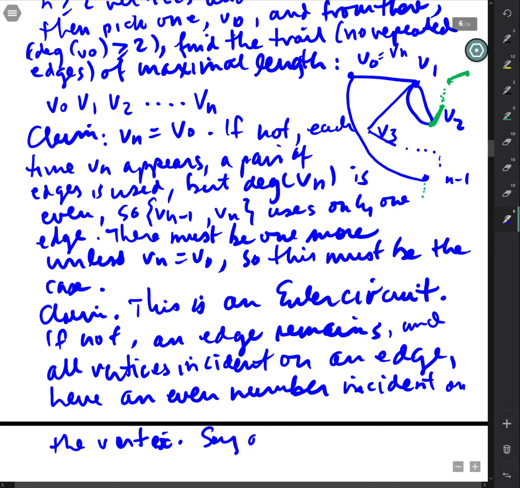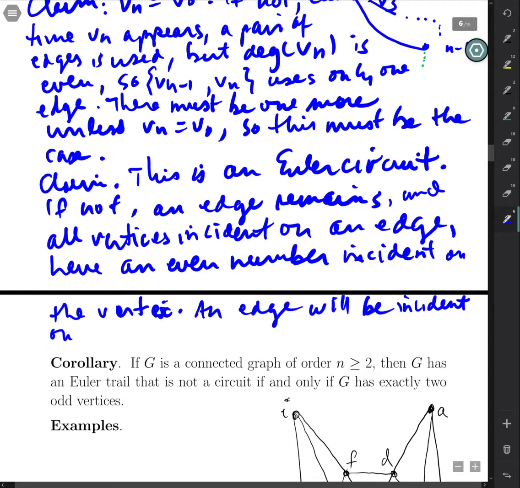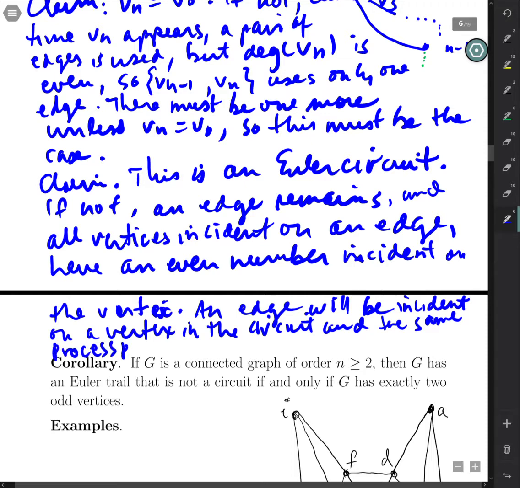Say an edge will be incident on a vertex in the circuit, and the same process produces a side circuit at that vertex.